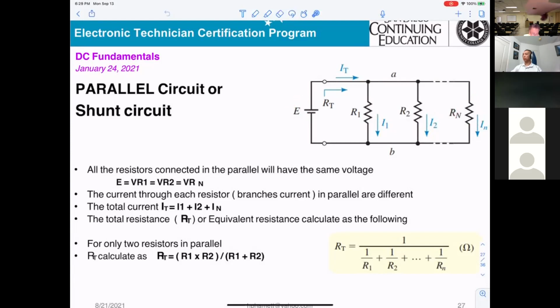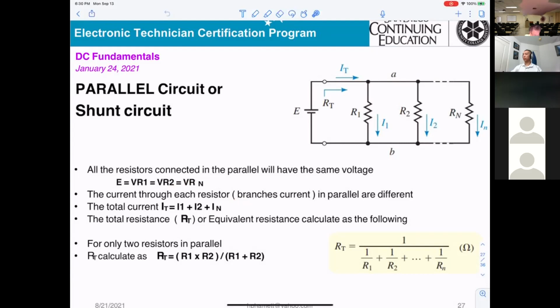However, the current coming out here, I total, when it gets to the branches, you get I1 going here, I2 going here, I3 going this way. So this is what we call branch current. I1 plus I2 plus I3 plus In equals the total I. They are already telling you everything here.